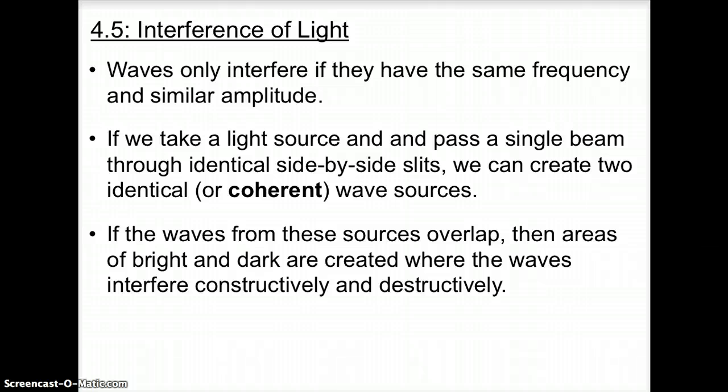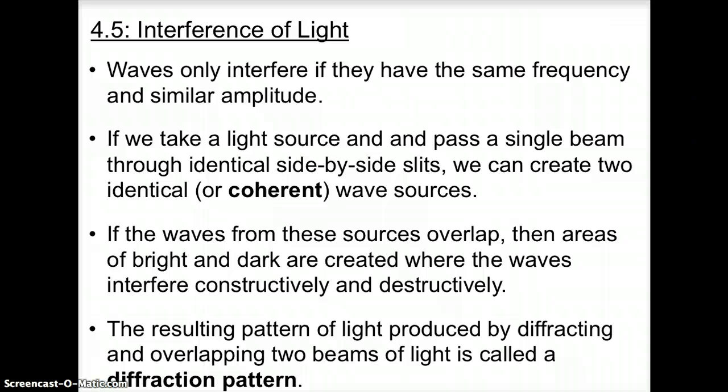So when these waves from the two coherent sources overlap, there should be areas of brightness and darkness, created by constructive interference and destructive interference, canceling out because of the waves being out of phase. The resulting pattern of light could be viewed on a screen.